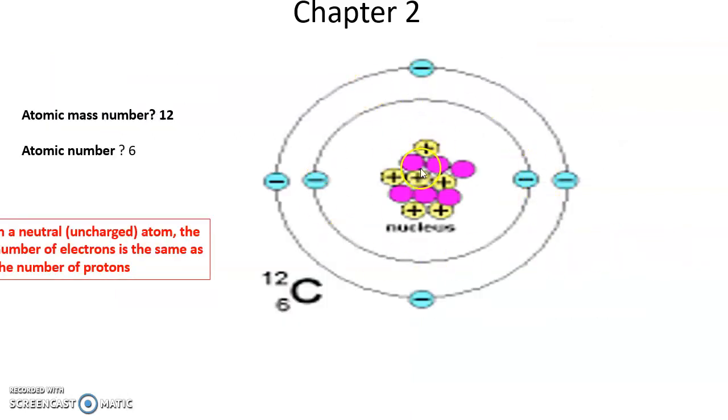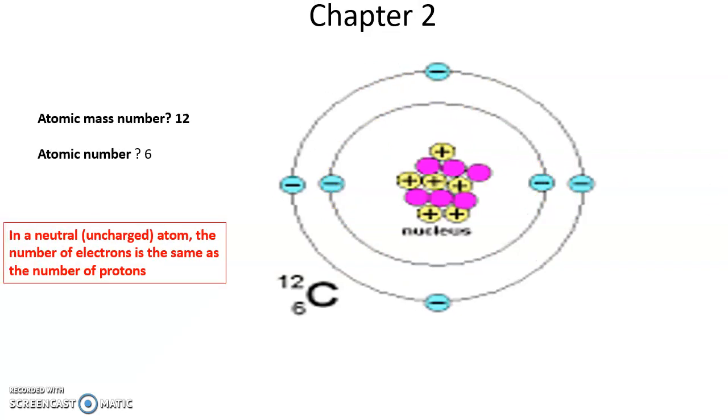So here is a cartoon of a carbon atom. We can see that the carbon atom has 1, 2, 3, 4, 5, 6 neutrons and 1, 2, 3, 4, 5, 6 protons. So in this nucleus, there's a total of 12 subatomic particles, giving us the atomic mass number of 12. Since there's only 6 protons, that means it has an atomic number of 6.